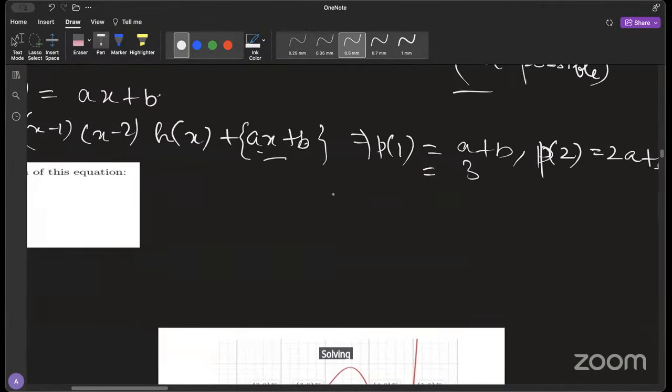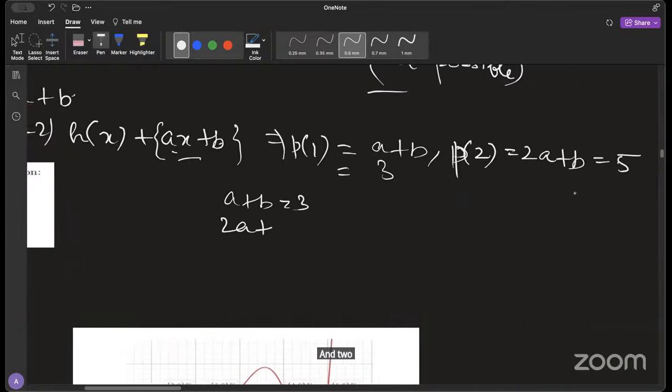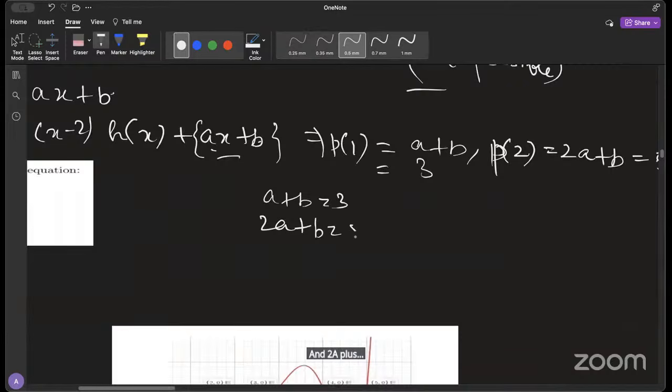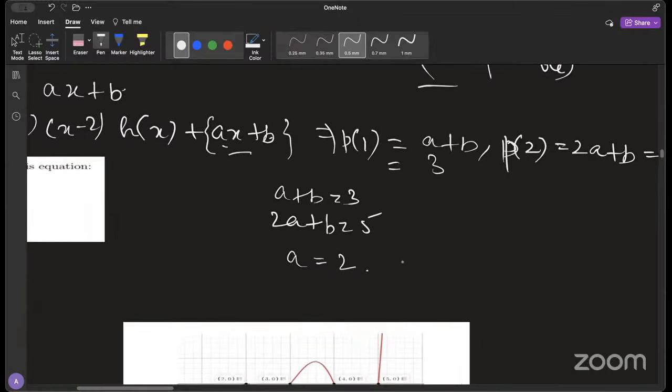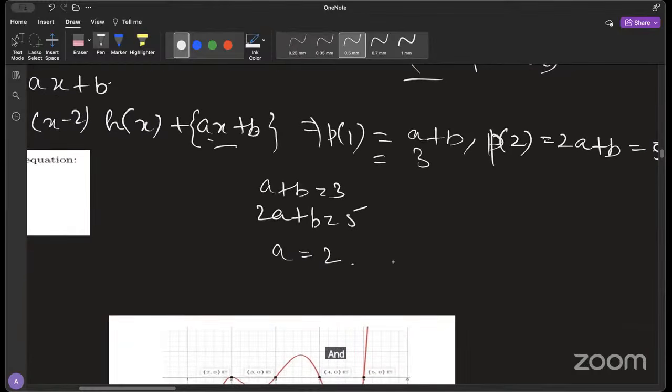Solving this gives you A plus B equals 3 and 2A plus B equals 5. So you can just subtract this one from this. You will get A equals 2. And if you put 2 here, this will mean that your B should be 1.